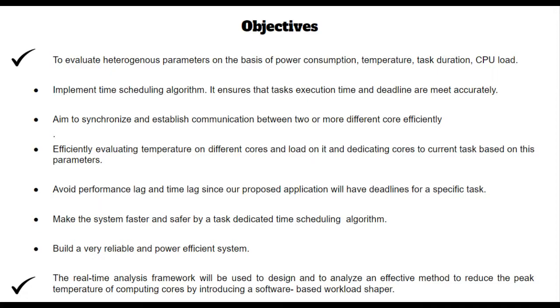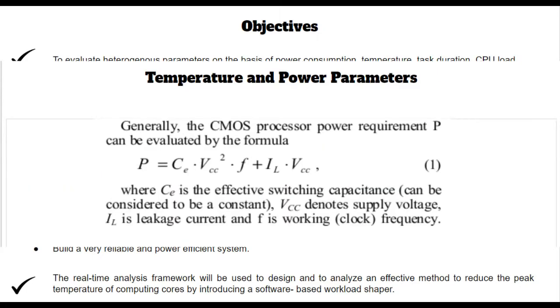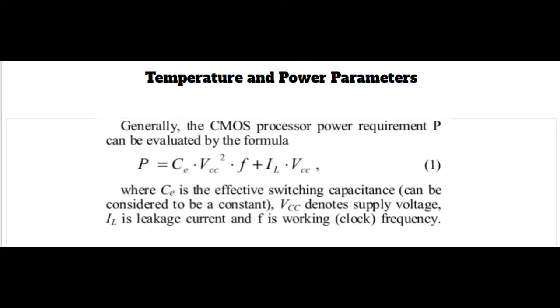We also see that the real-time analysis framework will be used to design and to analyze an effective method to reduce the peak temperature. Now we see that the formula for power in the CMOS processor is given, and we see that F, which is the clocking frequency, is the only variable in the whole formula, and we directly see that P is directly proportional to F. Since F is a changeable and a tangible entity, I can change my power consumption based on my frequency.